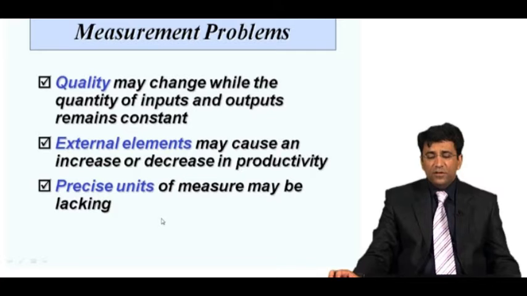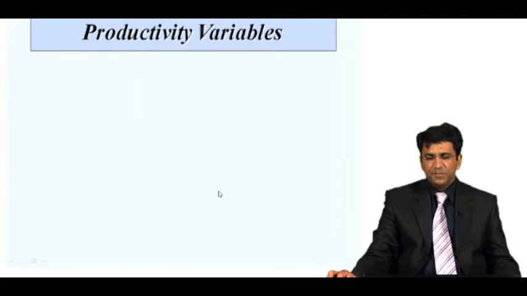Again, another important thing with respect to the productivity measurement is that we'll have to take into account the precise units of measurement for our inputs as well as our outputs. That is, the units of measurement for the inputs and outputs should be consistent. If these are different, that will not give you the appropriate value of productivity. So these are some of the limitations with productivity measurement.